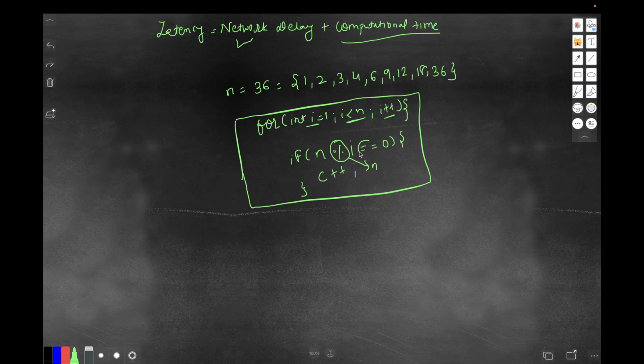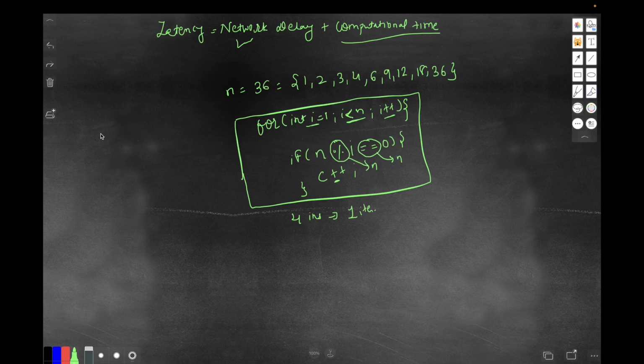What about this equal operator? This is also going to execute n number of times. What about this? This can happen or may not happen. Let's suppose the number is very large, that means it will happen only once, because we are executing till n. So if the number is very large, it will happen only once. So for the benefit of the doubt, we will not include this. So we have a total of 4 instructions in one iteration.